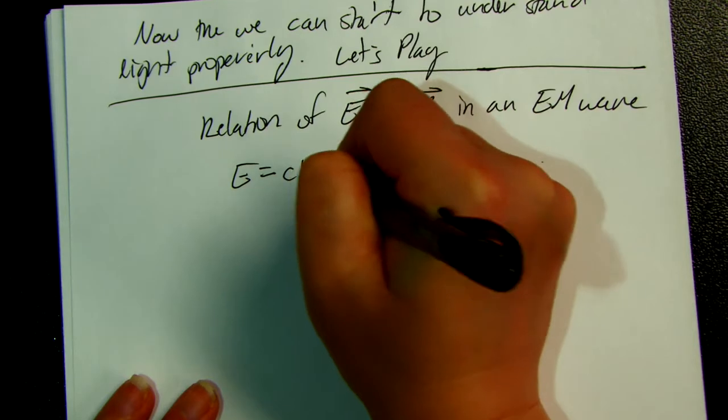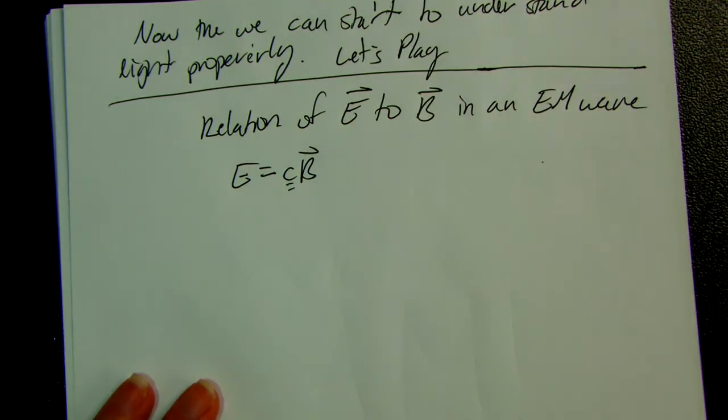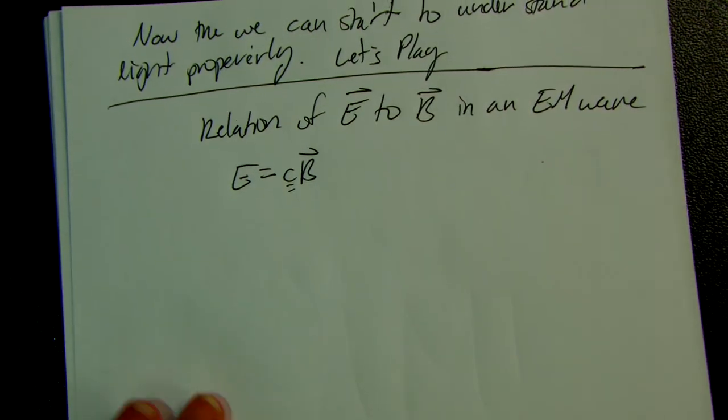So E is equal to CB. We can now update the velocity to the speed of light.